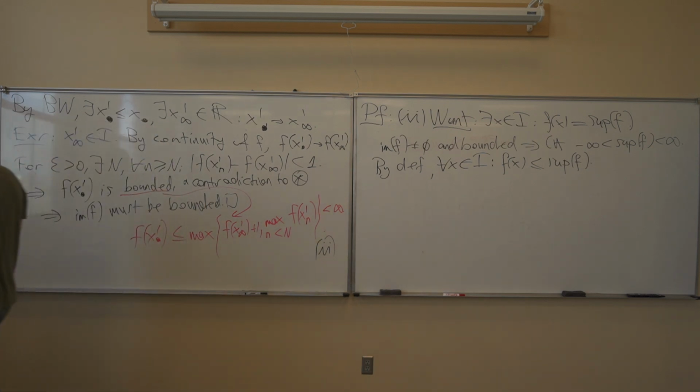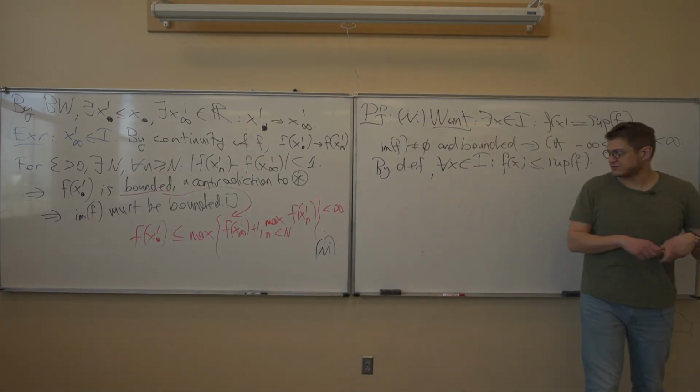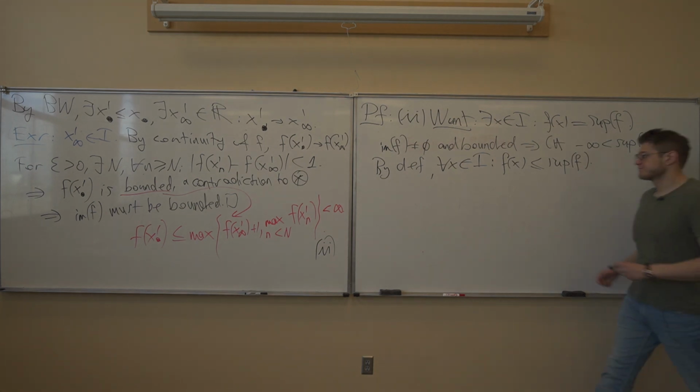Okay. Now let's do this. Again, by using this procedure of farming statements, you can generate a sequence that strictly increases to sup of f.